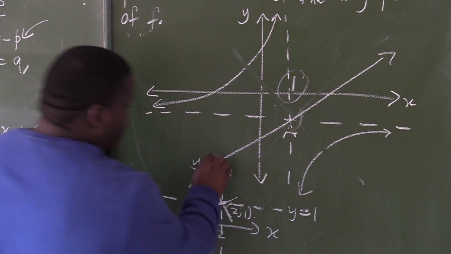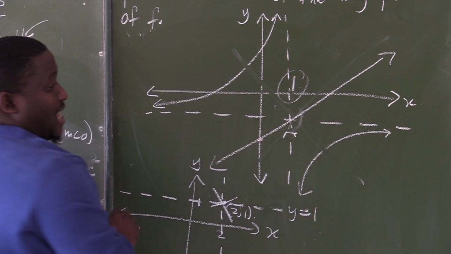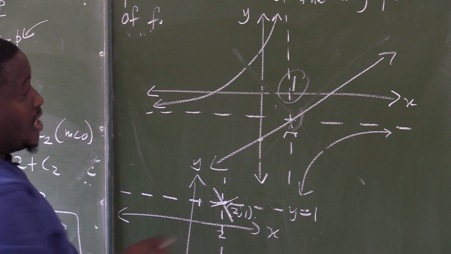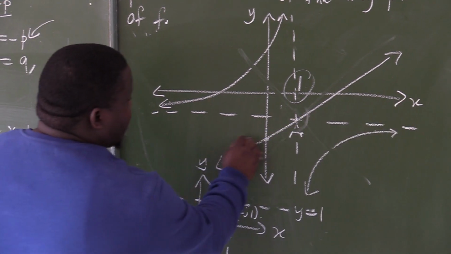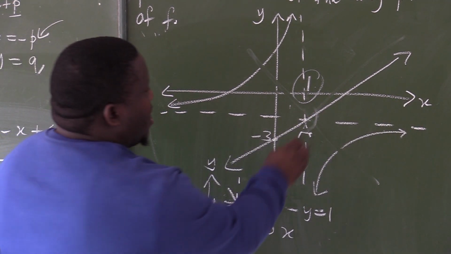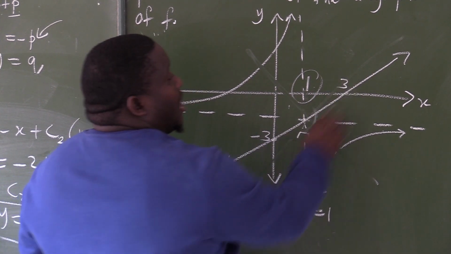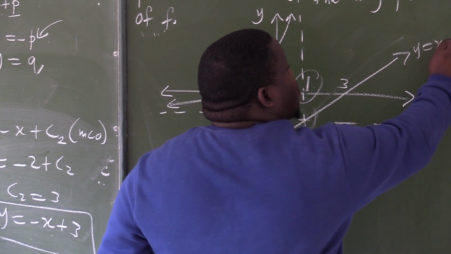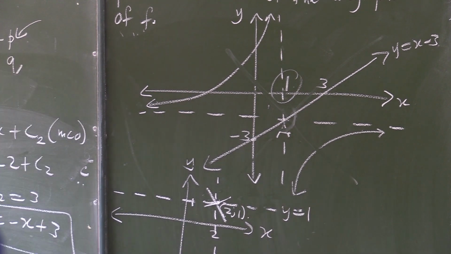Now, take note. What will be the y-intercept of this line of symmetry? From the equation it will be a negative 3. Obviously, the x-intercept will be a 3. This is the equation which says y equals x minus 3. That is your line of symmetry.